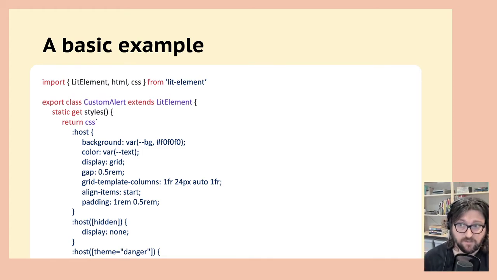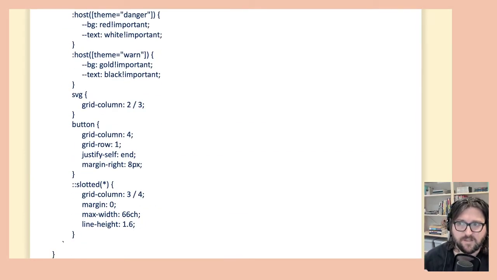HTML is the HTML template literal string, and CSS is the CSS template literal string function. The first function we call is styles, and that returns a block of CSS. Host is the element itself, and we set up some variables, some layout and some padding, and then we keep going down, and we add some themes.